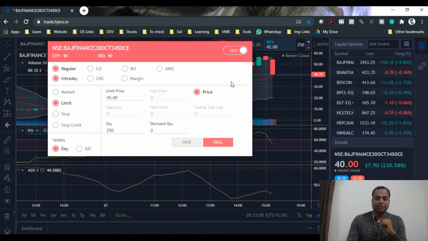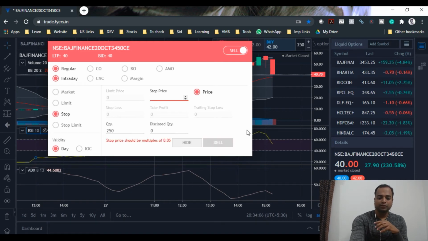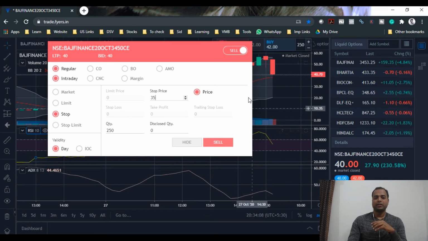Similarly, if you are into losses for some reason, you can ensure your losses are also limited. So what you can do is create a stop loss order. Let us assume you bought at 38 rupees and your stop loss is 35. You will select this stop function over here and create a sell order.